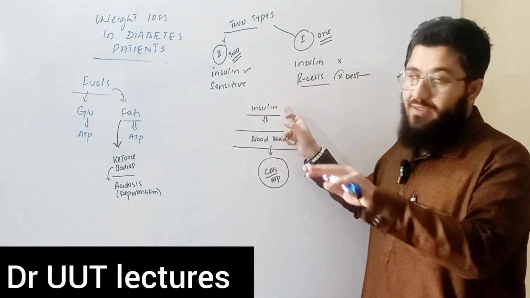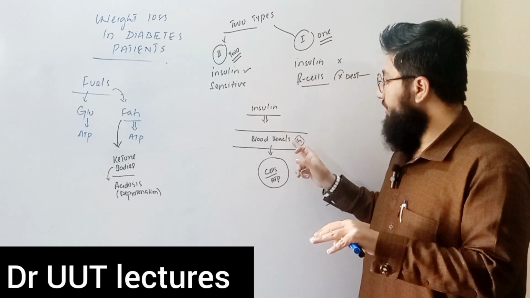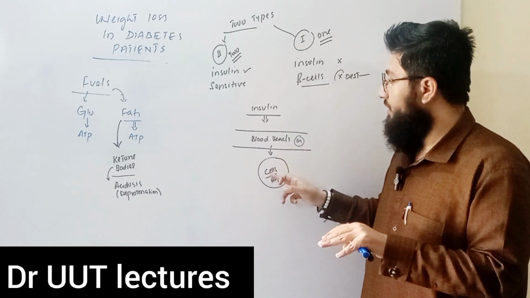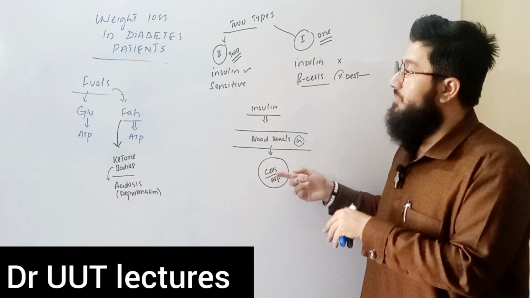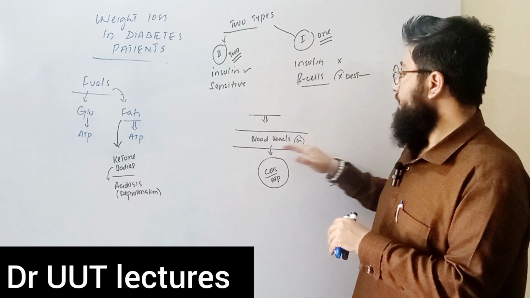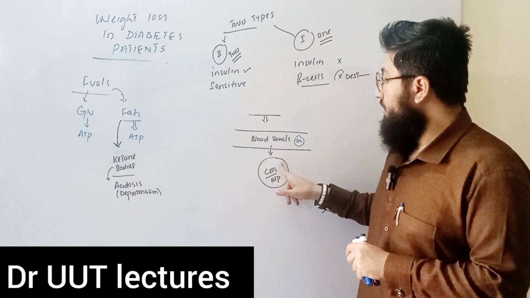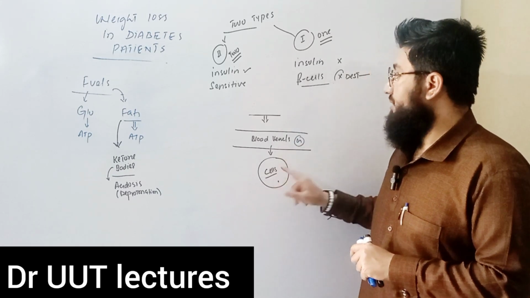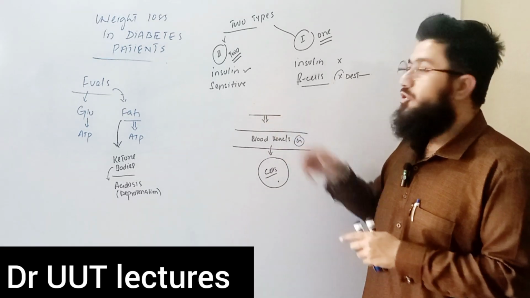So insulin in normal people will bring the glucose from the blood vessels into the cells, where it will be metabolized and ATP will be synthesized. Now, if there is no insulin, the glucose will remain in the blood vessels, and ATP is not going to be synthesized. So insulin's job is not done.